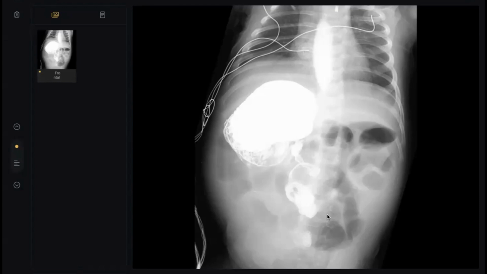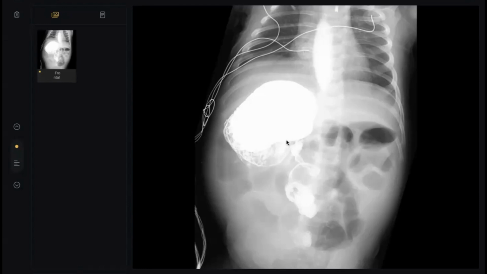What is the specific or pathognomonic sign here about the non-rotation? Non-rotation. Sorry, sir, I could not remember. See, you see the stomach on the right side. So you told me, doctor, this is non-rotation or malrotation, whatever.